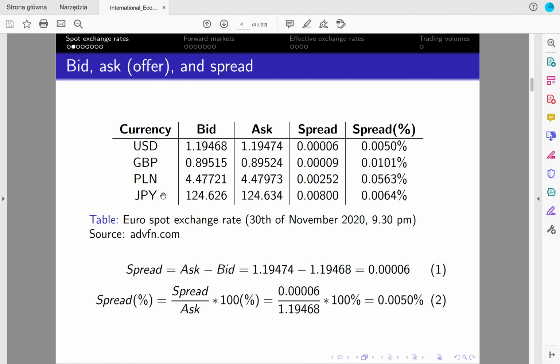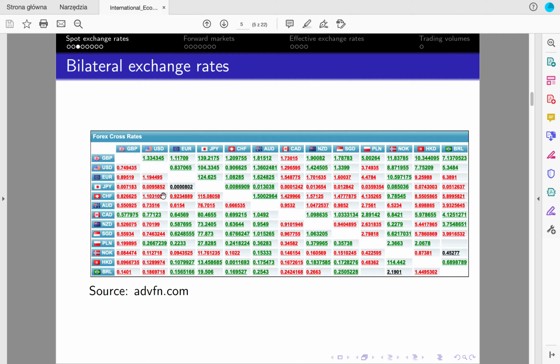Okay, so now let's move on to how those changes look over time. Oh, one more thing. Look, what we are discussing here are bilateral exchange rates.